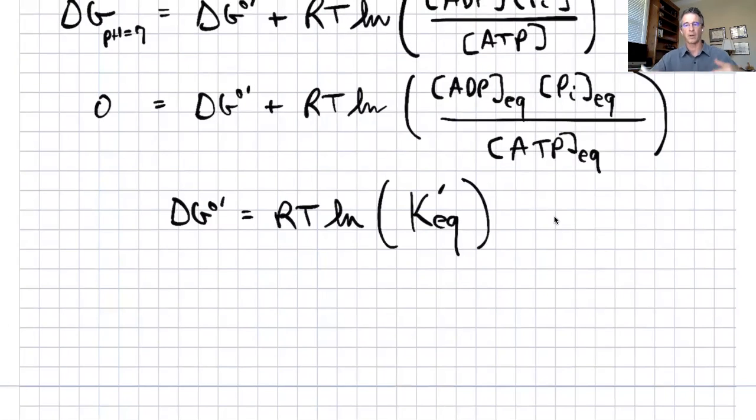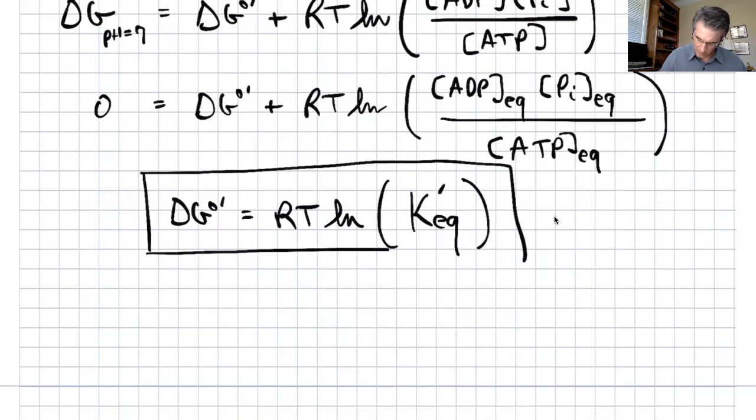But formally, using the nomenclature I'm using here, that would be consistent. So that gives us this new definition of delta G naught, with the explicit statement of the free energy change for a reaction at pH 7.